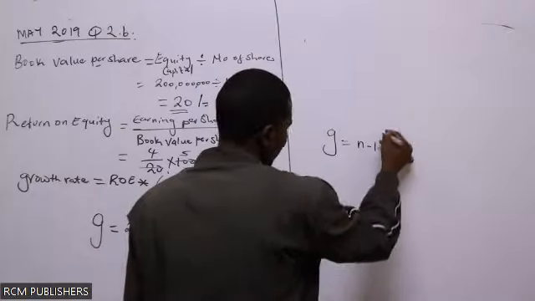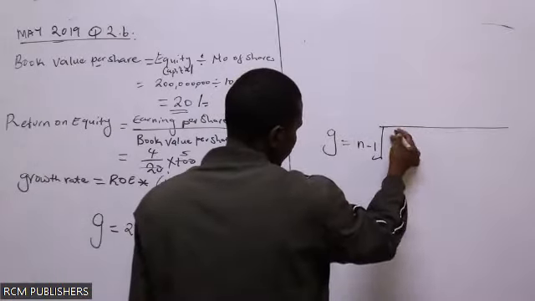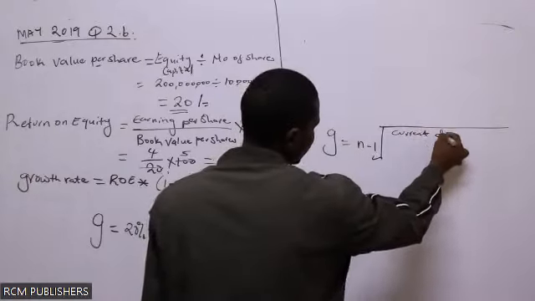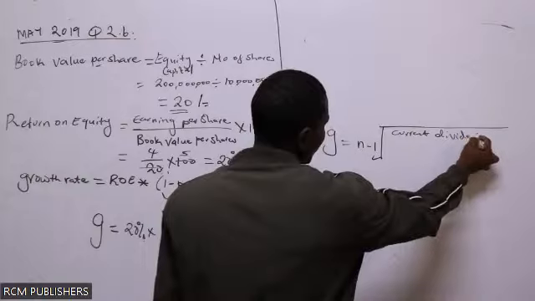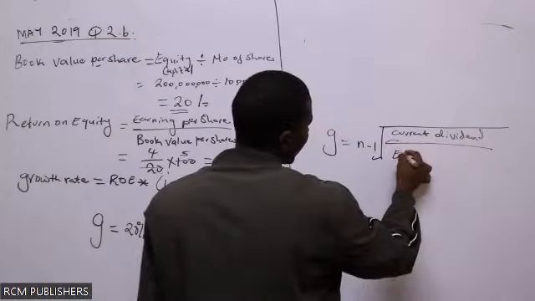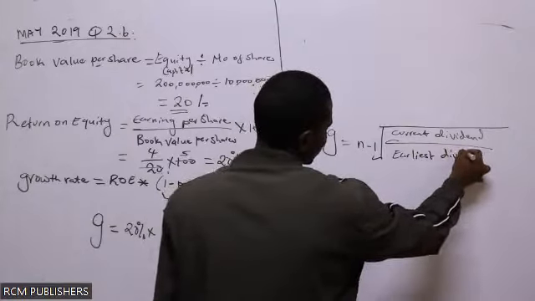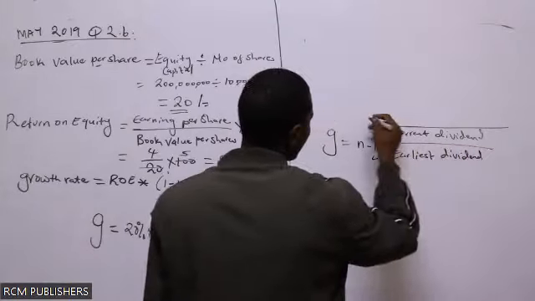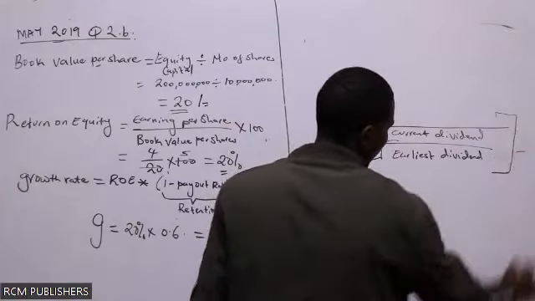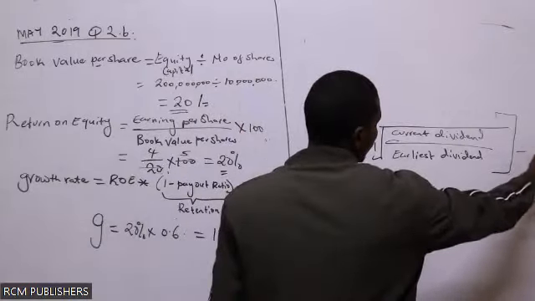Okay, you can use n minus 1 square root of the current dividend. I will also look for an example so we do it, divide by the earliest dividend, all of this minus 1. This is another method of finding it.